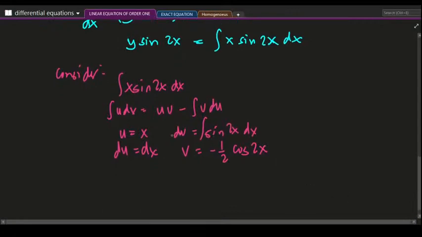Then we just substitute this to the form of the integration by parts.